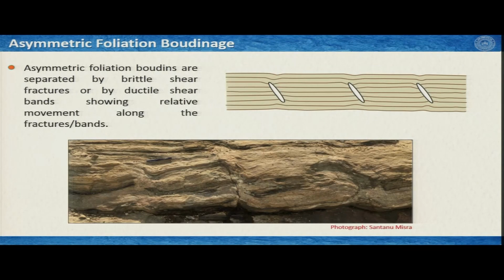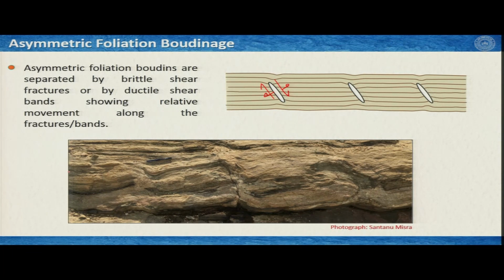However, asymmetric foliation boudins are separated by brittle shear fractures or by ductile shear bands, showing a relative displacement along the fracture or bands. As you can see here, it had a tensile fracture at one point of time, but after that it has a sense of displacement along the fracture zone, and this is an excellent example.